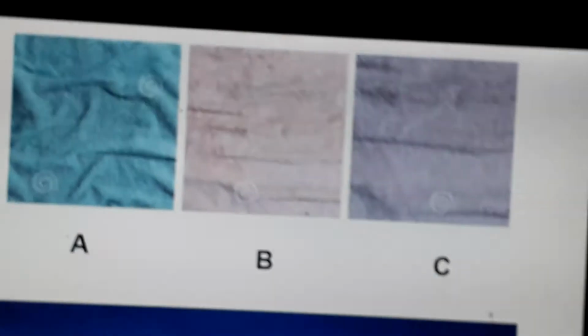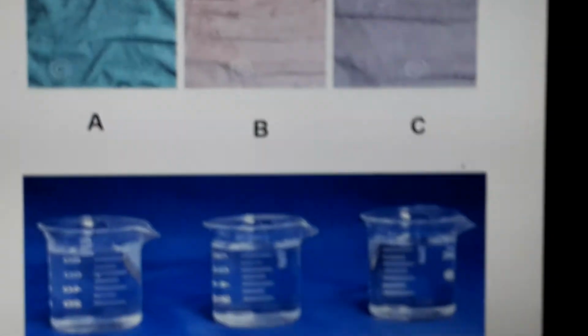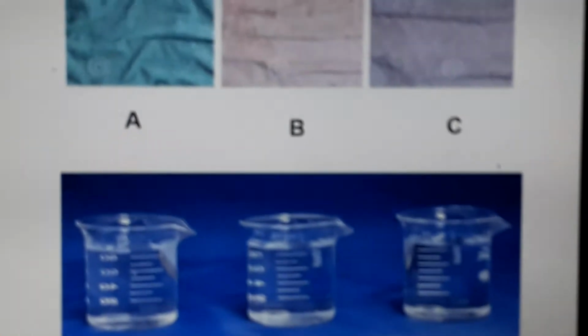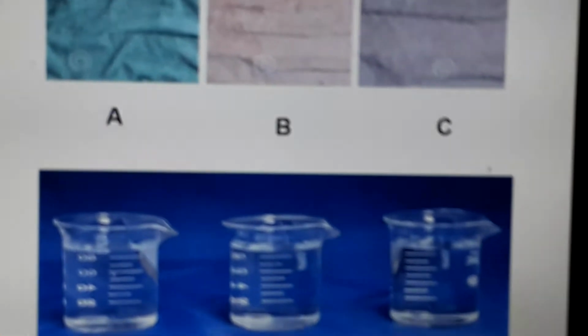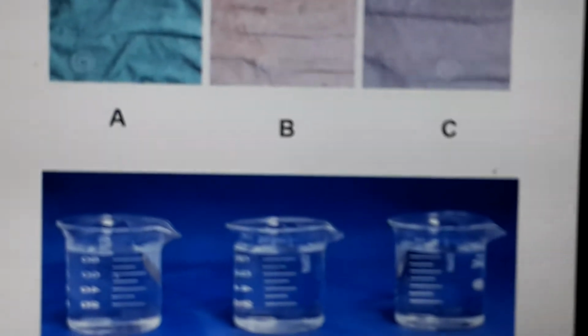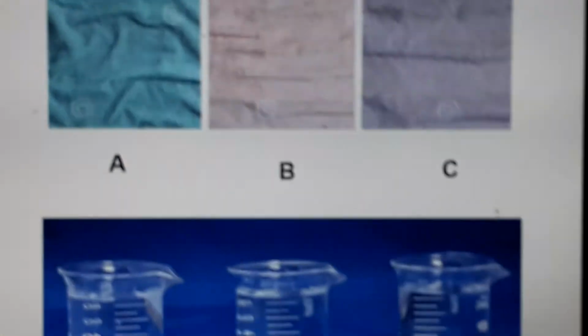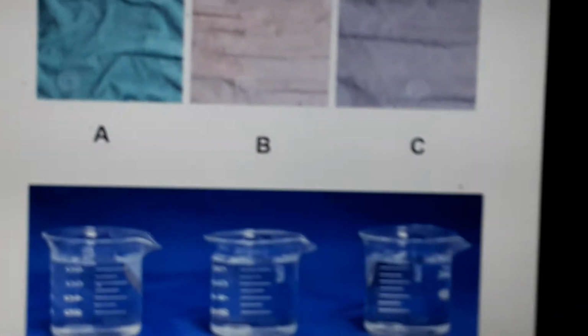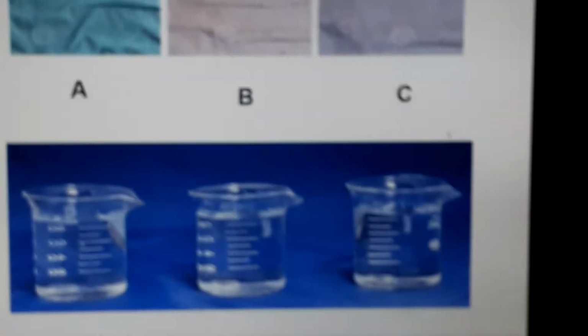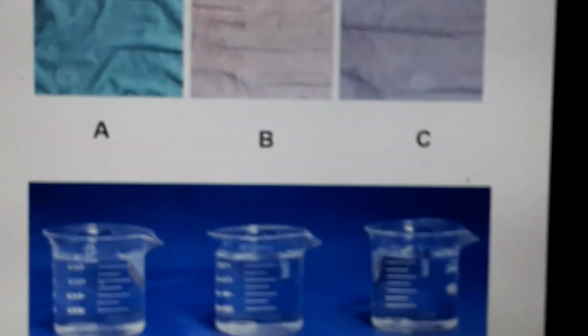Then it was found that one of the towels drained more water into the beaker and the other towels drained very little water. So this is how the girl conducted an experiment and saw which towels absorb water better.